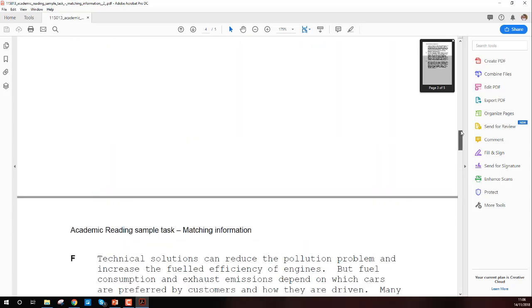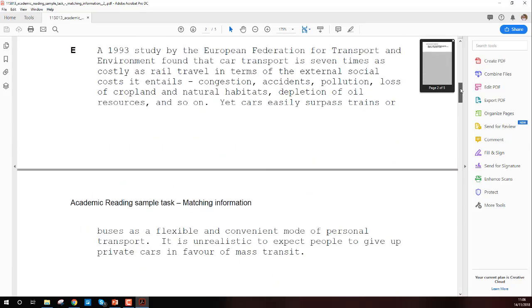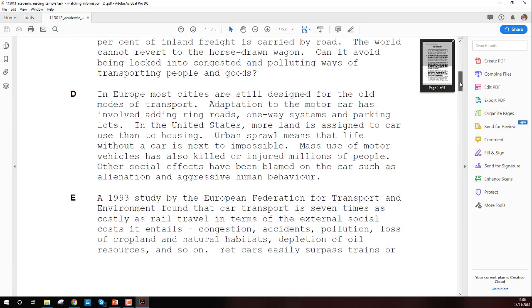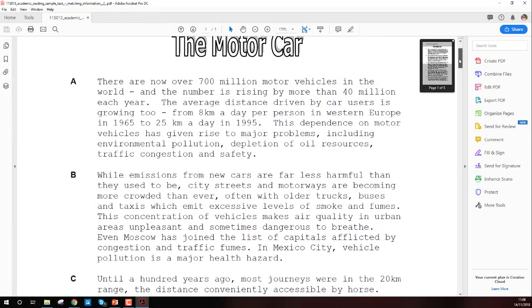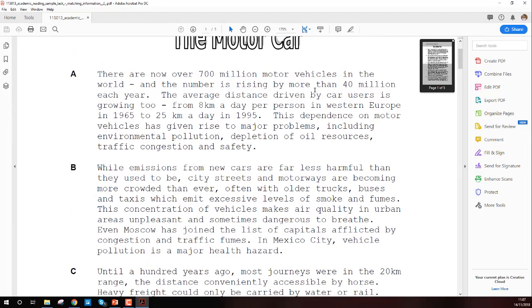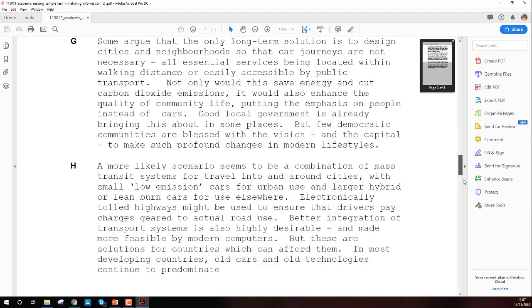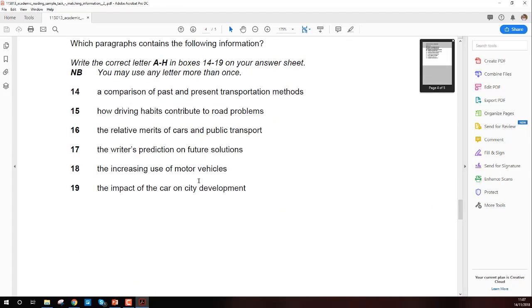So the increasing use of motor vehicles, I think that was at the top. The rising number. Okay, so the rising number of motor vehicles, it's here. So that one is A. 19, the impact of the car on city development.